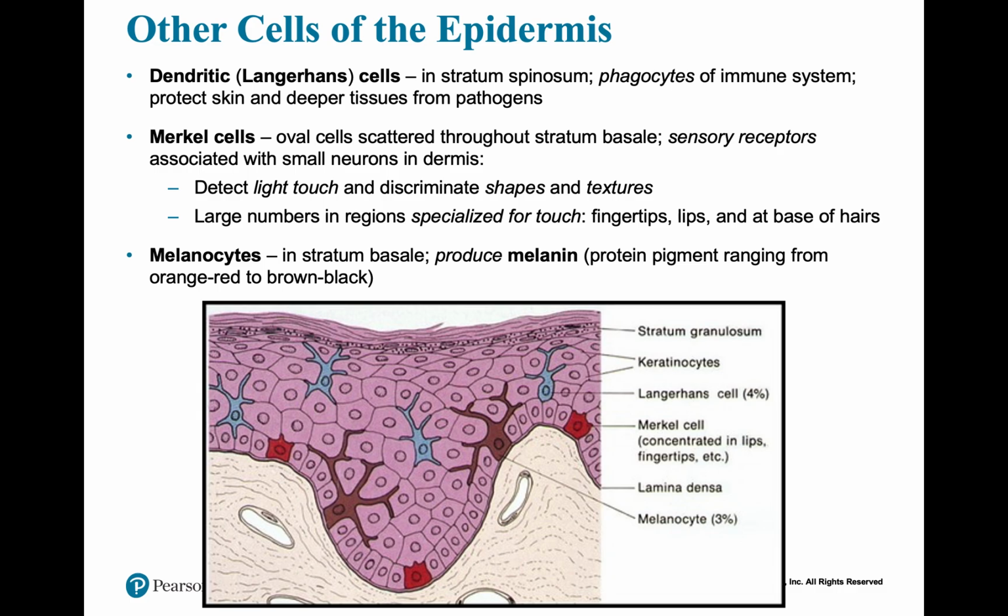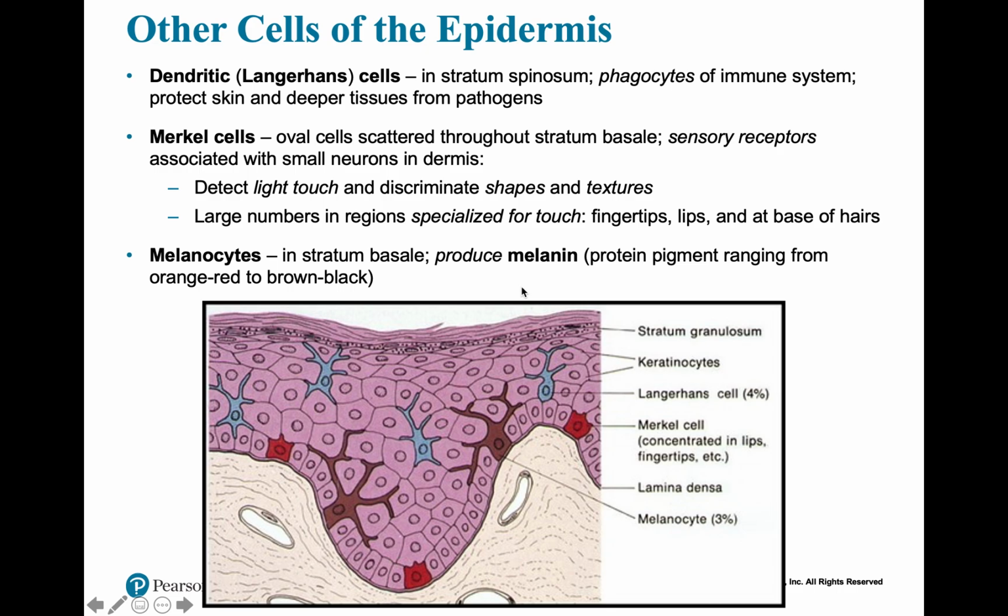So not only is the epidermis made up of lots and lots of layers of cells, which makes it more difficult for foreign unwanted pathogens to get through, right? But we also have another added layer of protection in that we have these phagocytes throughout the epidermis.